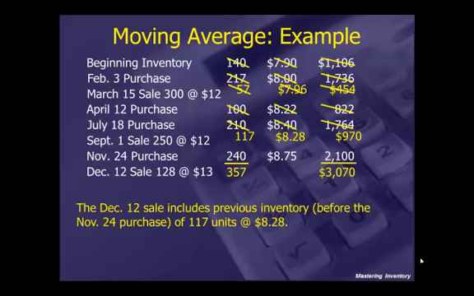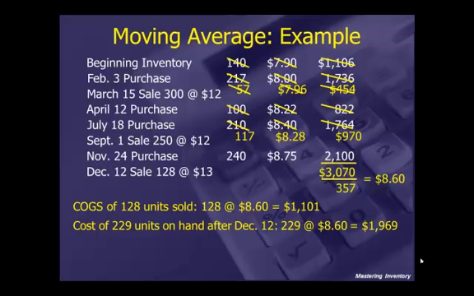So that's updated. November 24th, we purchased an additional 240 units. Now we have 357 units before our December 12th sale at a cost of $3,070. And so we need to update. Our average cost is now $8.60.